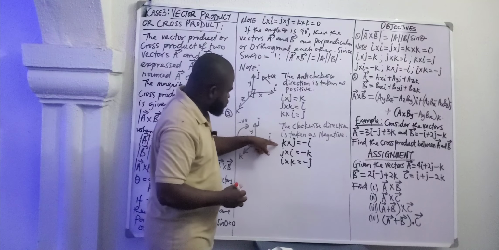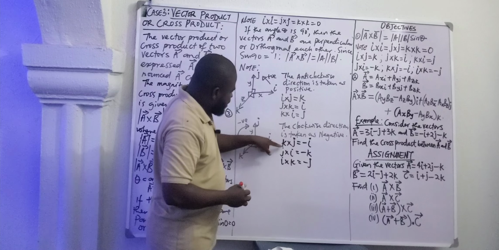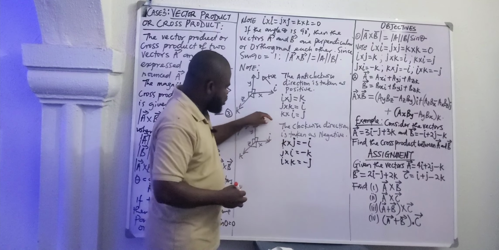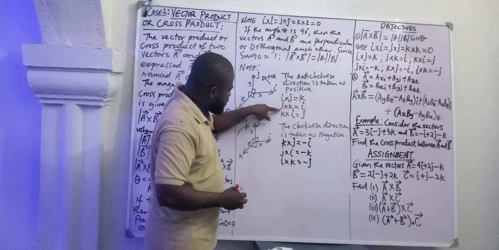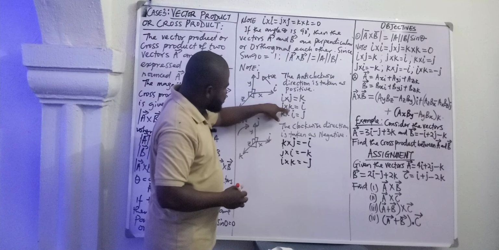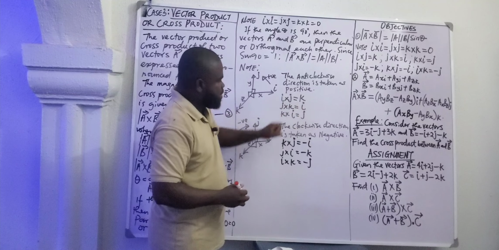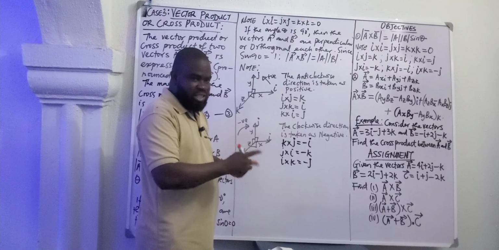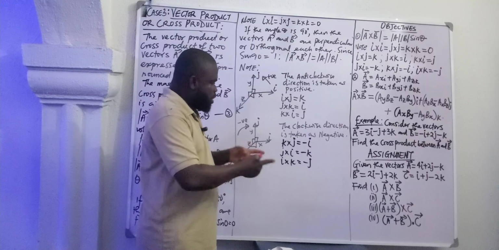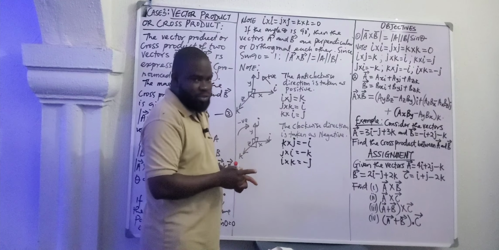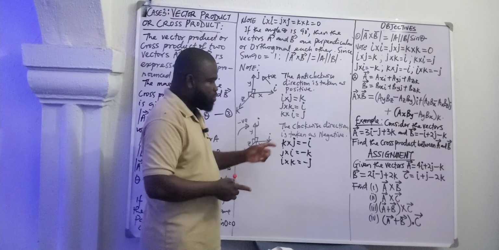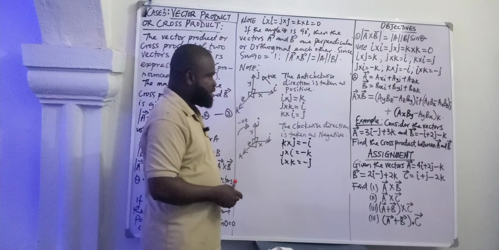Let's take this first one. This is what? K cross J, giving me minus I. If you check J cross K here, it gives me I. Now, you will see that it's as simple as saying I interchange the position. If you interchange the position of a vector, if you reverse the direction of a vector, you will put what? A minus sign.